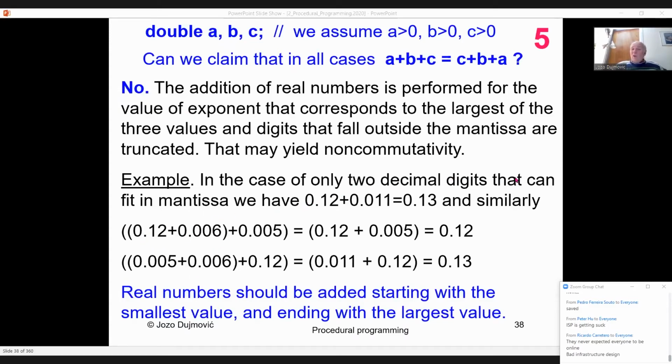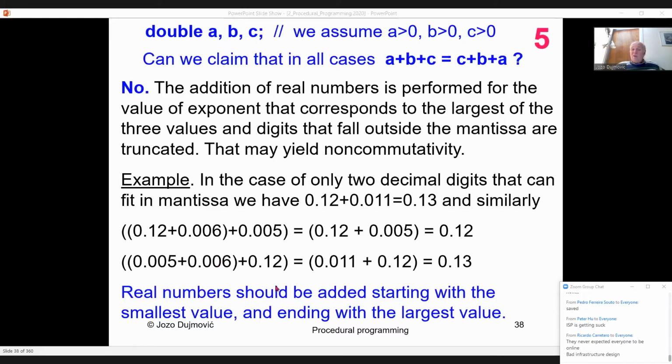A trivial example here is, if I have two significant decimal digits, to show that if I am adding, for example, 0.12 and 0.06, this is going to be insignificant because this 0.06 with 2 digits is going to be 0.0. Plus this 0.0 will give you simply 0.12. So it is not going to make any significant change.